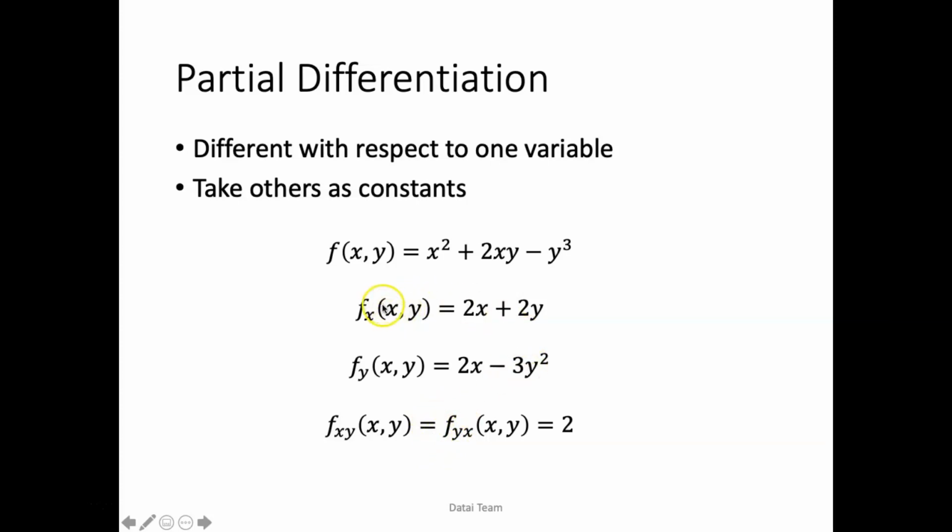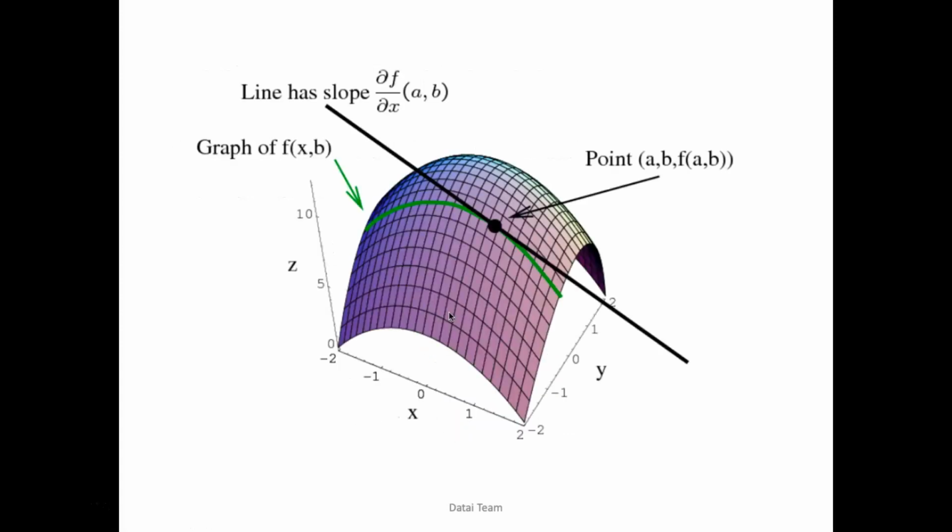Here, as you can see, when we take the differential with respect to y here, this is a constant, so we just get 2. And when we take the differential with respect to x here, this is a constant, so we just get 2. And you can try this with multiple other functions.